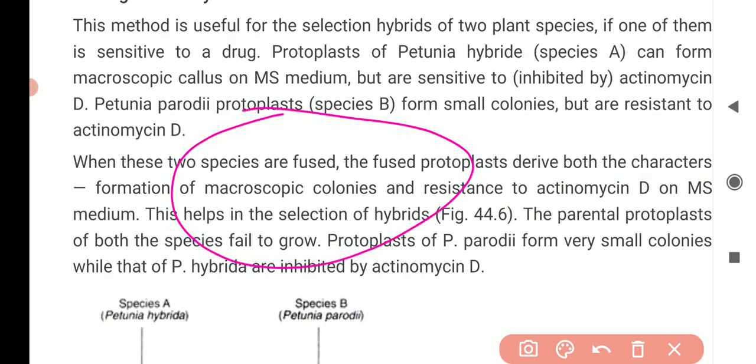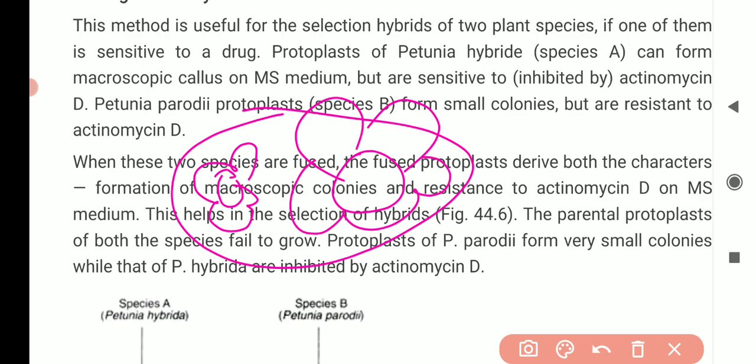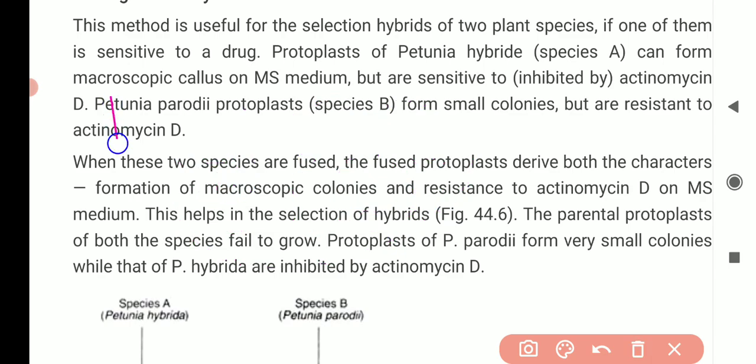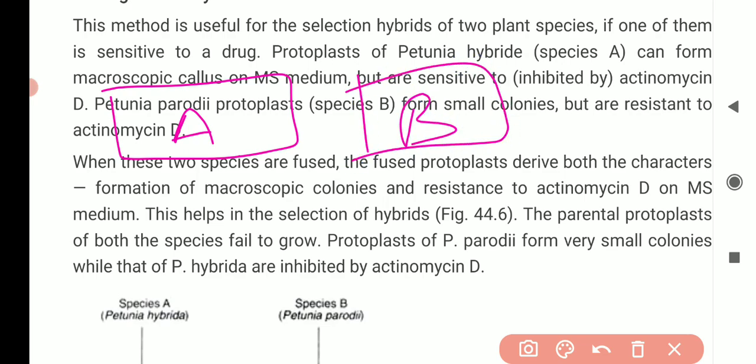The thing is, when this hybrid grows, it will produce a big colony. The callus itself looks different, but petunia B forms a small colony. So this is A, this is B, and this one is the hybrid. A could not grow, forget it.